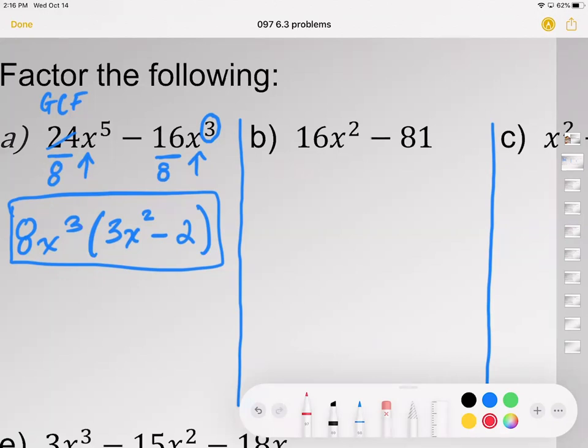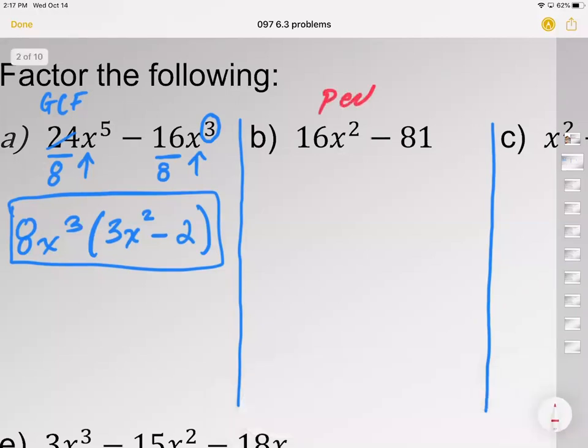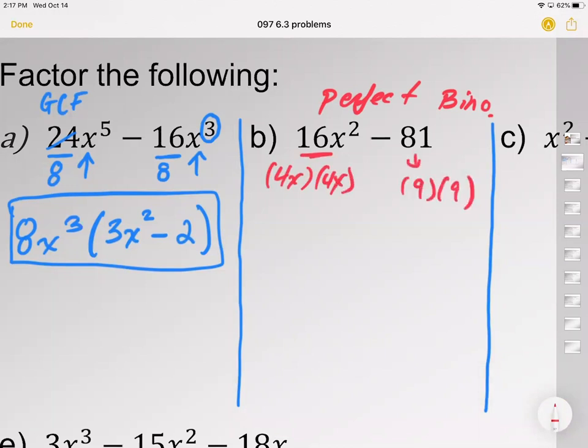There is no common divisor. And hopefully you guys remember that this thing here is a perfect binomial. What does it mean by perfect binomial? This item here is 4x times 4x, and this item right here is 9 times 9, and that is your perfect square binomial.